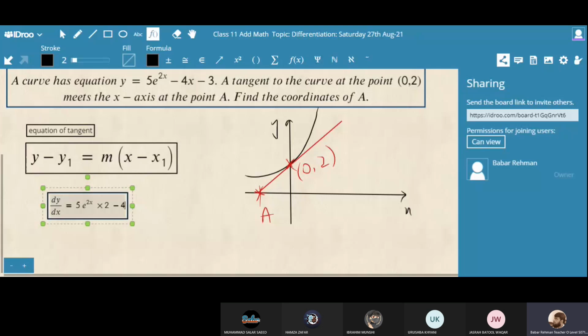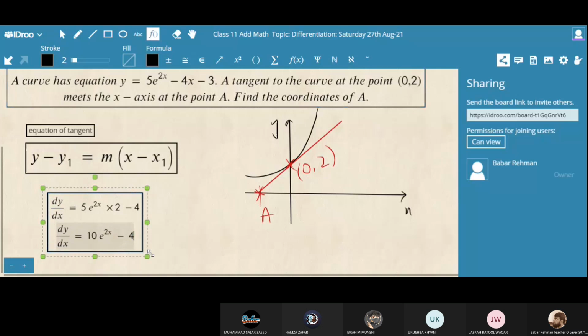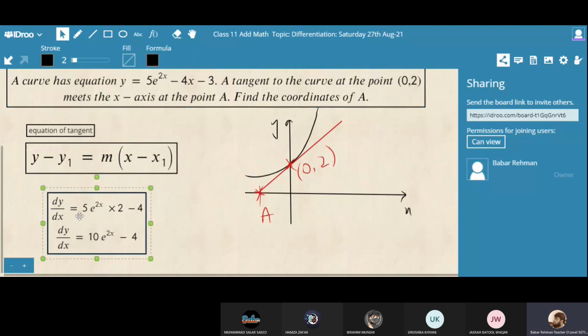Now what is the final derivative of this? dy by dx is equal to 10 e power 2x, and then negative 4. Okay, this is the derivative.